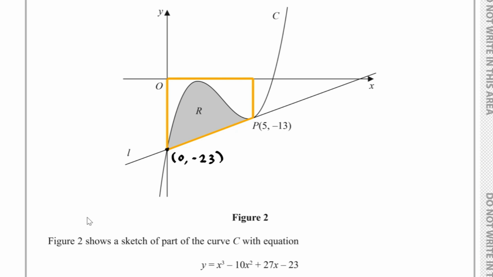You can see here we have a trapezium. The height here, at x equals 5, is 13. The height here, from 0 to minus 23, is 23. We are going 5 across.